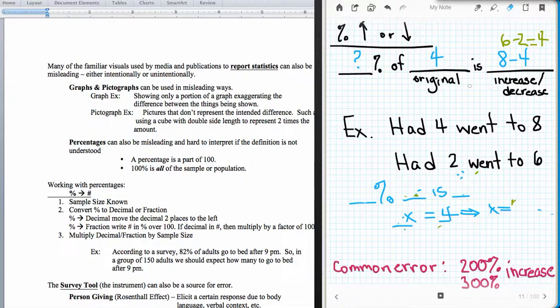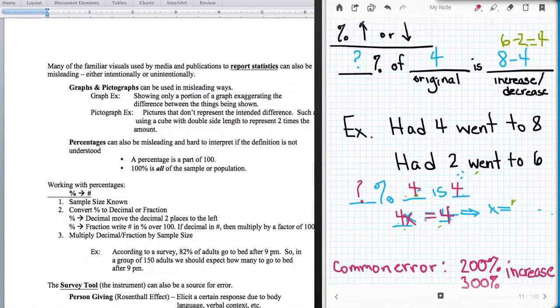And so we go into here and we say, okay, we want to do this percent. So we have some percent of, and then the original is 4, and that's going to give us a difference of 4. And so what we have over here is 4 times this question mark here, which is an x, and that's equal to 4.